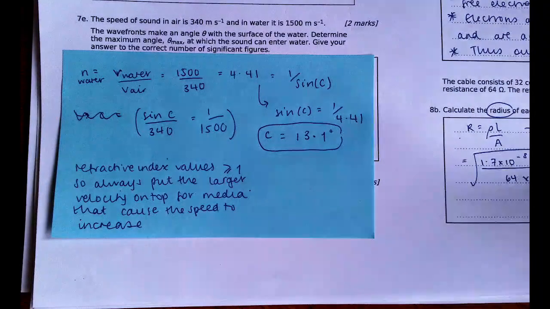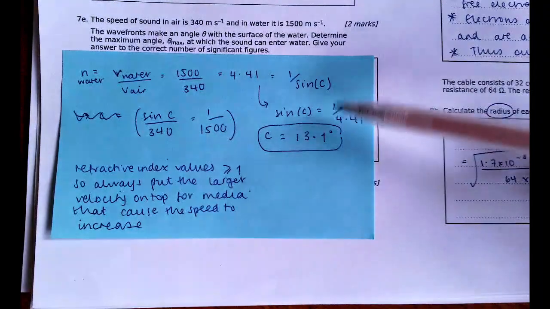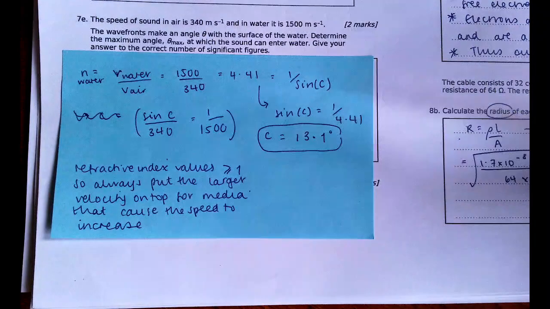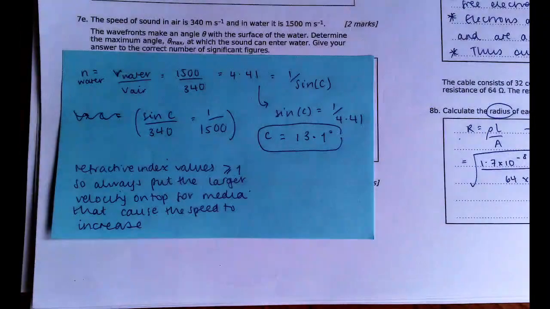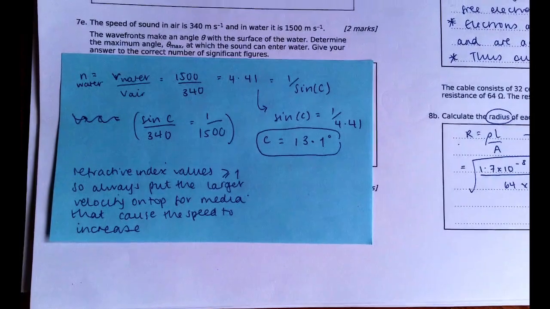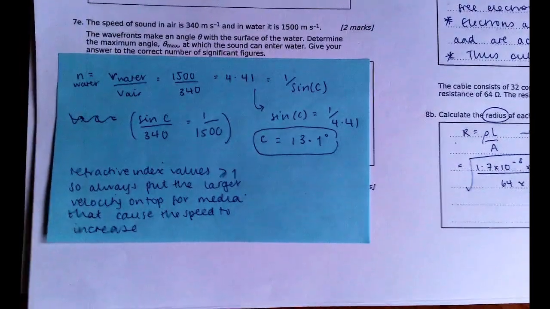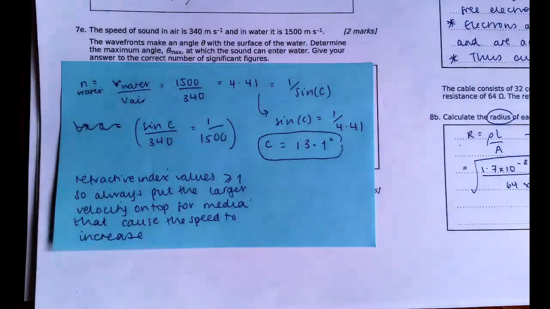Then we can equate that to our critical angle, and we get an expression for critical angle, and we'll get 13.1. Okay, now remember that this is refractive index for sound, not light, so that's why the values are not what you're used to, because we're looking at sound here.